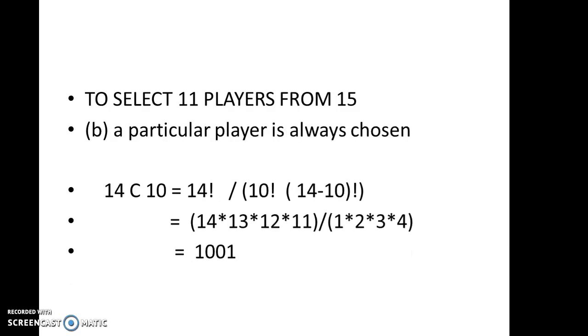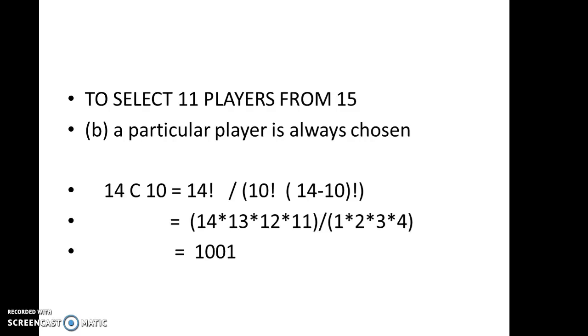The next option, to select 11 players from 15, a particular player is always chosen. What does it mean actually? One player is always chosen means he is not coming under the choice. So we are going to choose only 10 players out of 14 players, because one player is already reserved permanently.